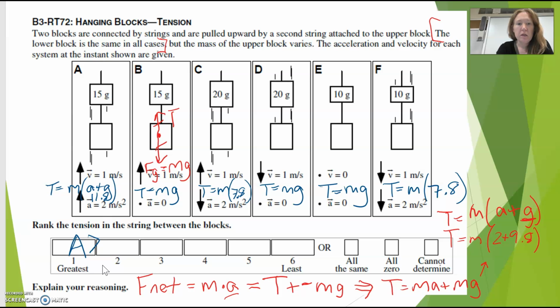That would be B, D, and E. And the 2 downward accelerations are C and F. In that case, you actually have to let gravity win over the tension force in order for it to accelerate downward. So C and F are the least.